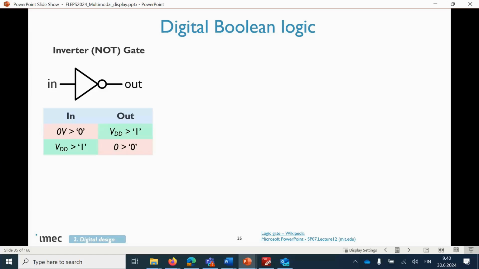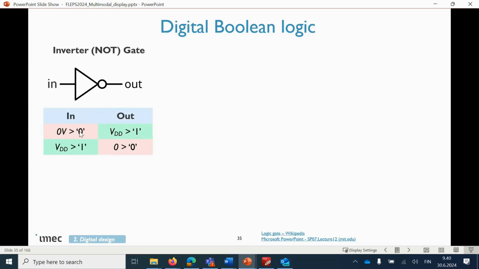So what is digital design? What is digital logic, Boolean logic, as we call it? Here you can see a schematic of the basic gate, an inverter gate, and on the bottom you see a truth table of this. What is the input and what is the output for the corresponding input? So we can have 2 inputs.